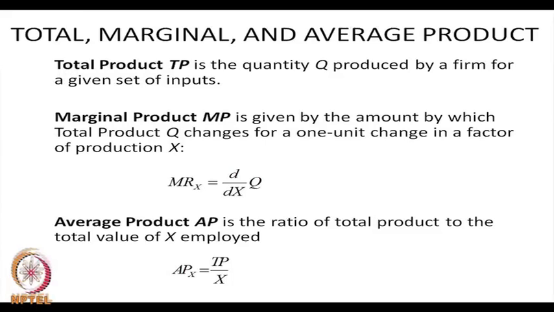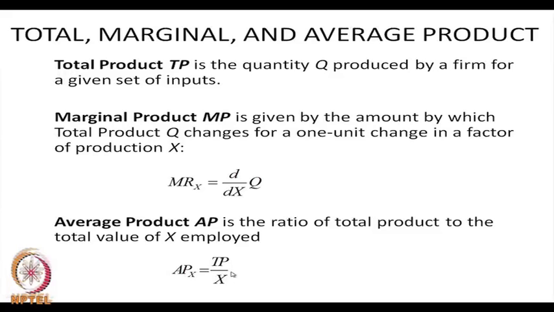Basically, this says the amount by which the output Q changes for a unit change in a particular factor of production x. Next is average product AP. This is simply the ratio of the total amount produced by the value of a particular factor x employed, and this is called APx.